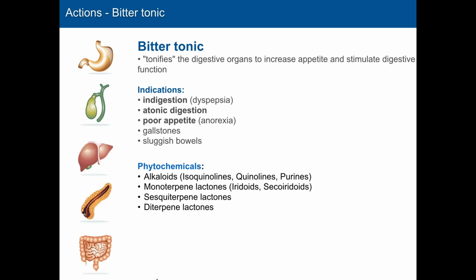So bitter tonics, what that refers to is when you hear about a tonic, it's something that tonifies that system. And so tonic water, that name came from a digestive tonic, okay? A tonic, when it tonifies it, like if you're at the gym and you're tonifying your muscles, they have a little more muscle tone to them.